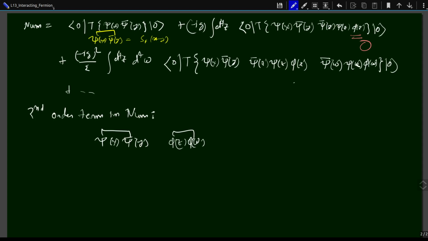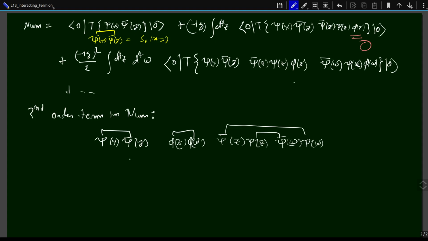Or let me just keep the order the same: ψ̄(z), ψ(z), ψ̄(w), ψ(w), and the contractions are of this kind. Let me just write the contraction without changing the sign or anything. Okay, these are the pair of 3 fermionic contractions and 1 bosonic contraction that gives me this.